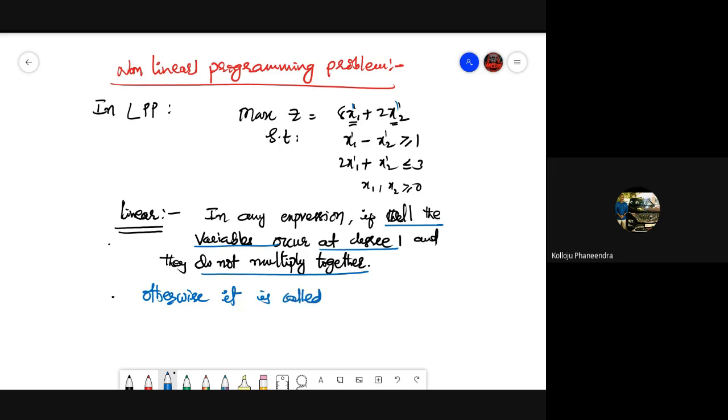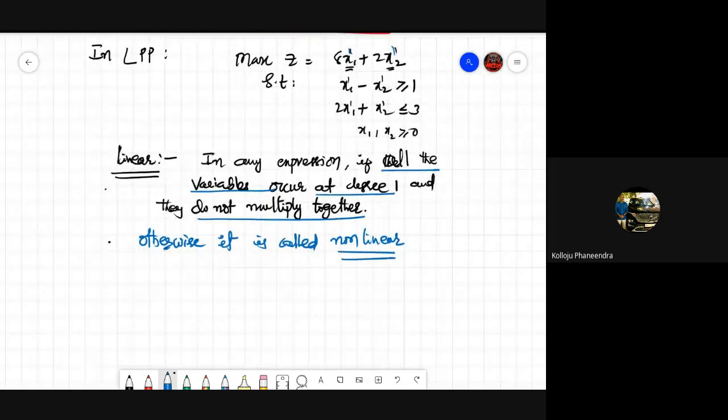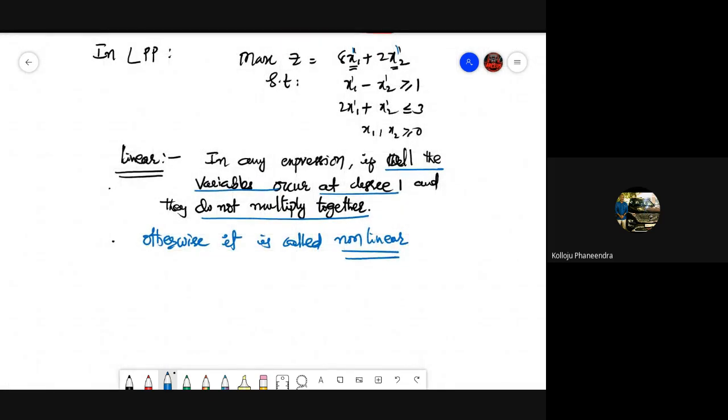Otherwise means if any one variable occurs at degree more than 1, or the variables are multiplied together, then that is called non-linear.